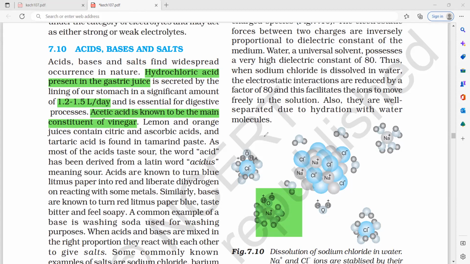Acetic acid is simply ethanoic acid, CH3COOH. You can make its expanded structure also: CH3, C double bond OH.